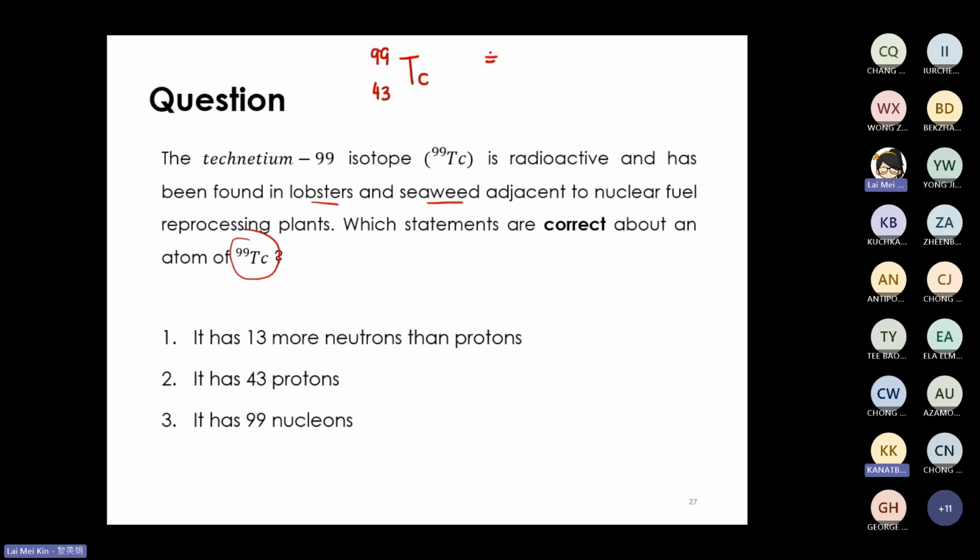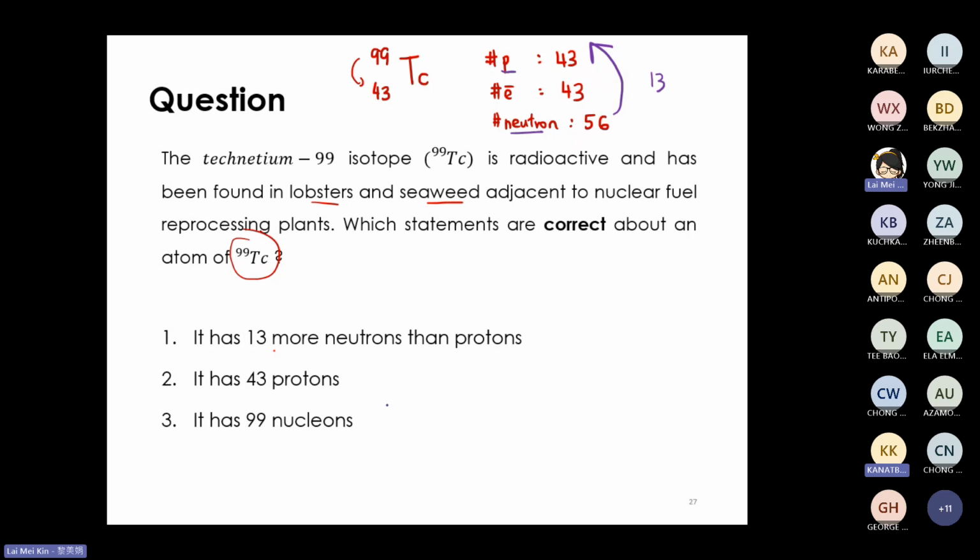Proton number 43, electron number 43, neutron number 56. Correct? So it has 13 more neutrons than protons.